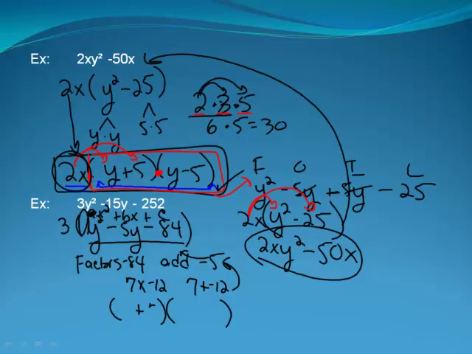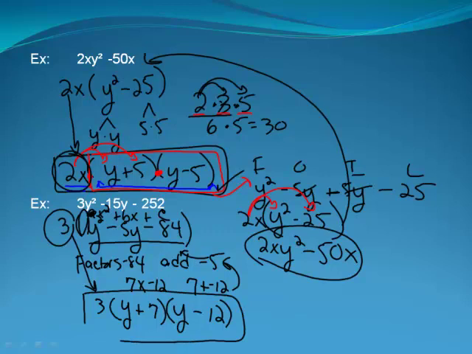So we can simply put in our plus 7 and our minus 12, and then our y's go in the first position. And then don't forget the 3 that you factored out at the beginning. Our final completely factored problem is 3 times the quantity y plus 7 times the quantity y minus 12.